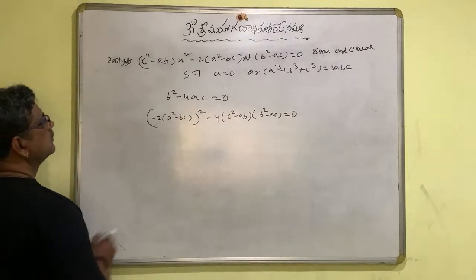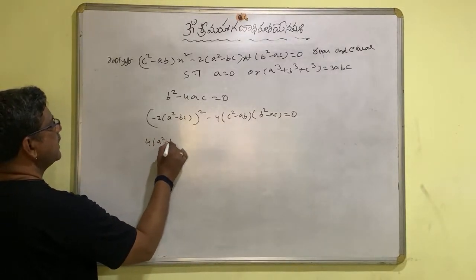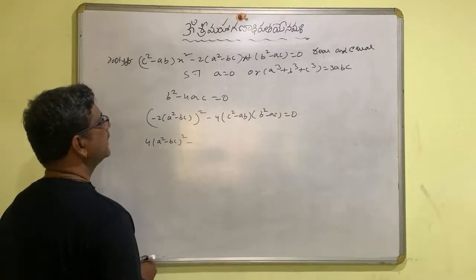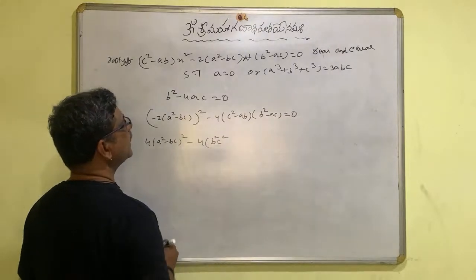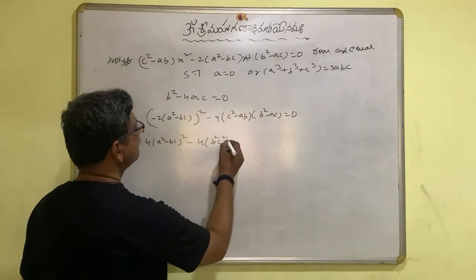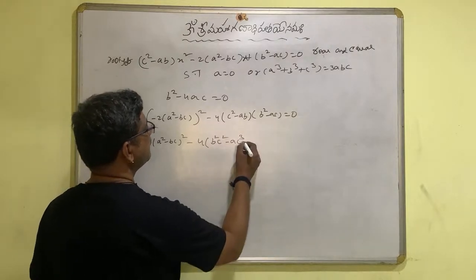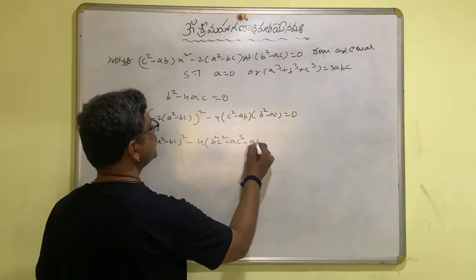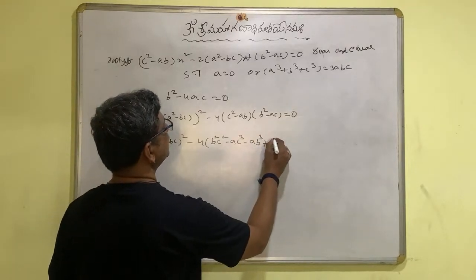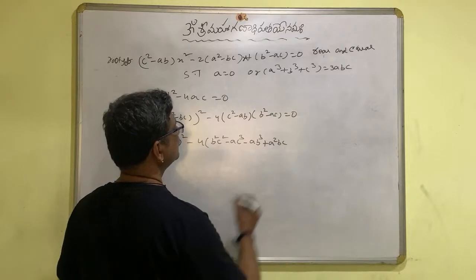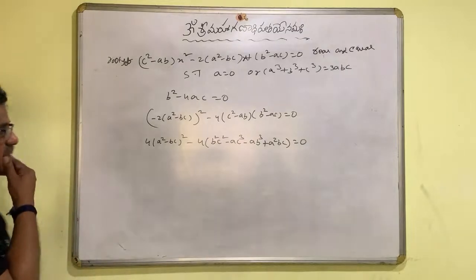Now, simplify this. 4 into (a square minus bc) whole square minus 4 into (b square c square minus ac cube minus ab cube plus a square bc) is equal to 0. Just multiplication, these two multiply.